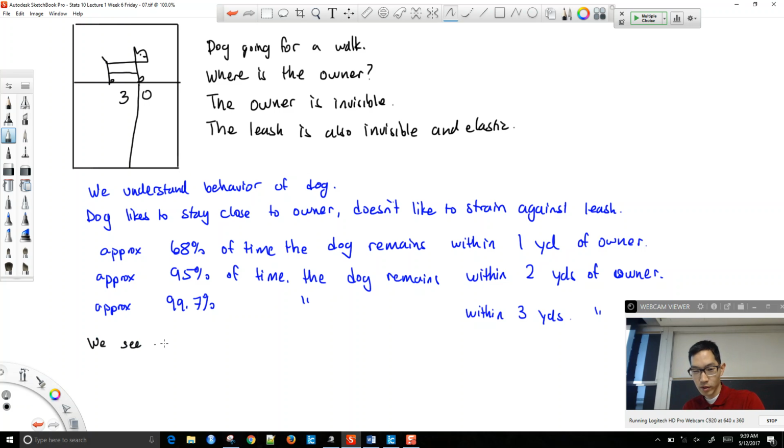So we see the dog at 30. What can we say about the owner? Can we create a range of where we think the owner is?